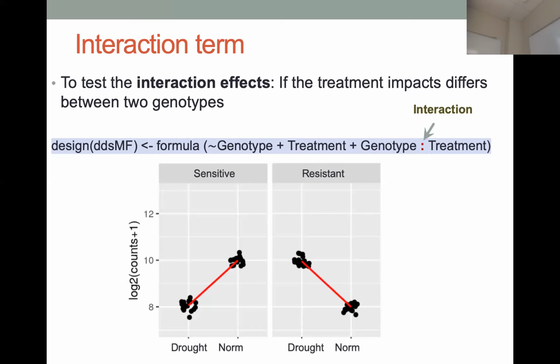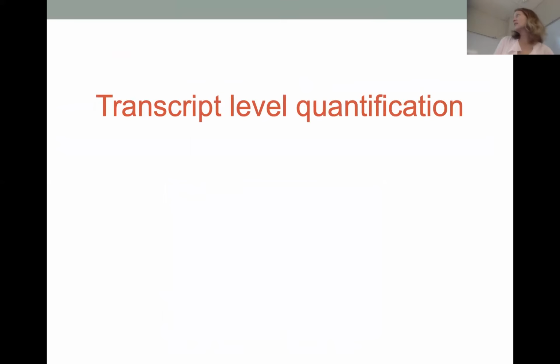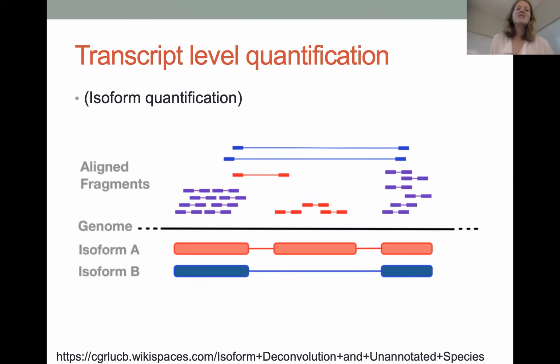So really quick, I'll talk a little bit about transcript quantification. This is a fun new way to analyze your data that's becoming very popular in the RNA-seq world. Essentially, it tries to quantify expression not at the gene level, but at the individual isoform transcript level. Here is an example where the same location in the genome can be transcribed and processed to result in two different transcripts.